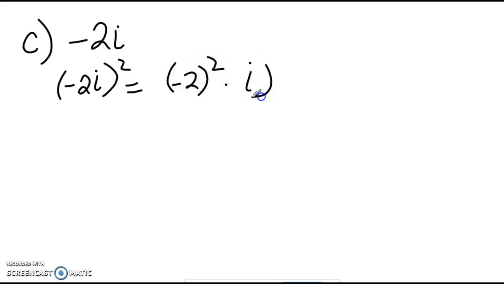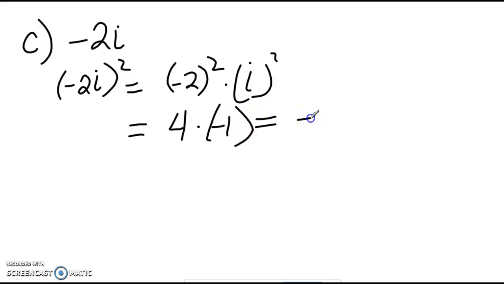And then we're going to square the i. So a -2 squared, if you don't put it in parentheses on your calculator, it's going to tell you your answer is -4. That's not true. We are squaring both the negative and the 2 in this case. So -2 squared would be -2 times -2, which is 4. And then i squared is -1. That gives you -4.